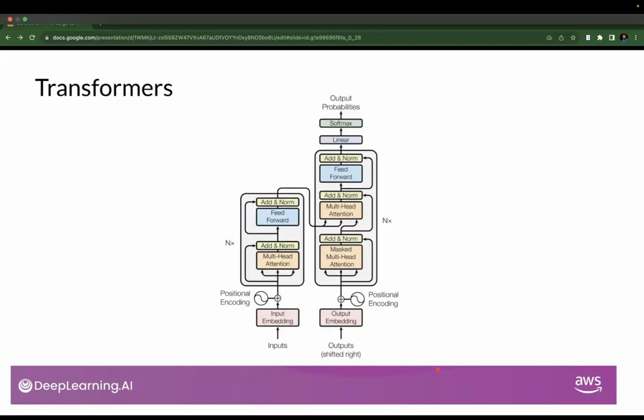So now I think the transformer architecture should make a little bit more sense. Now you understand the embeddings, the positional encoding, the self-attention, the feed-forward network in the encoder, and in the decoder we have this attention, a part of which comes from the encoder, and then there is a masked multi-head attention.